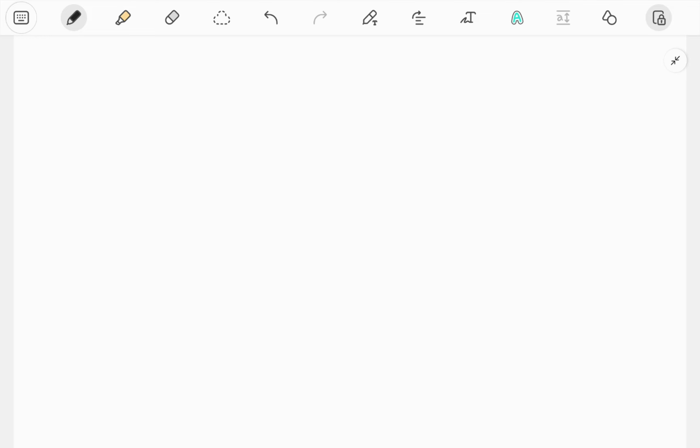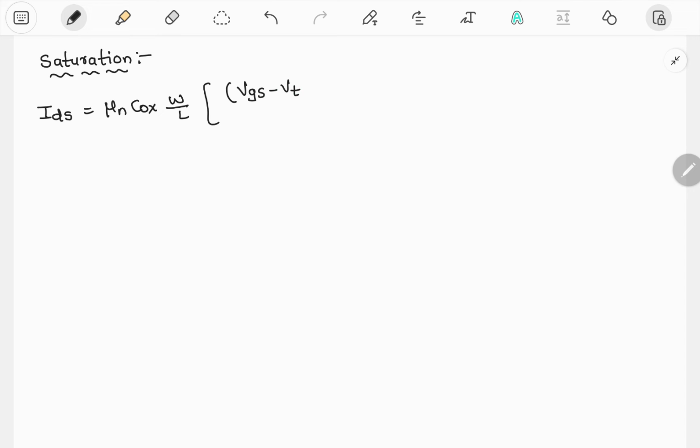Now let us take the current equation in the saturation region. In the saturation region, we got Ids as mu n C ox W by L into Vgs minus Vth whole square by 2.